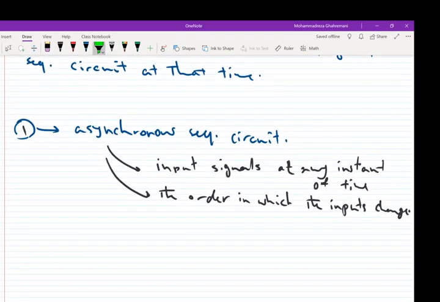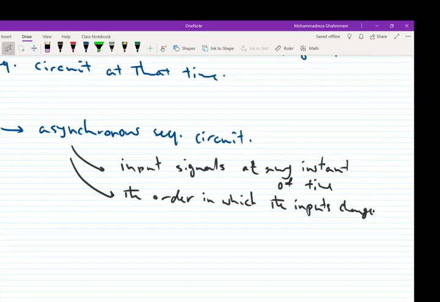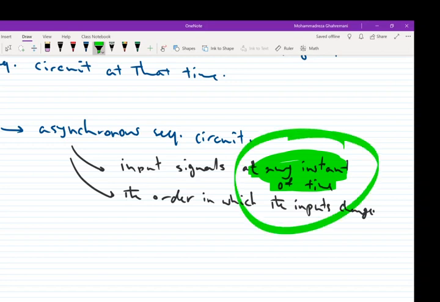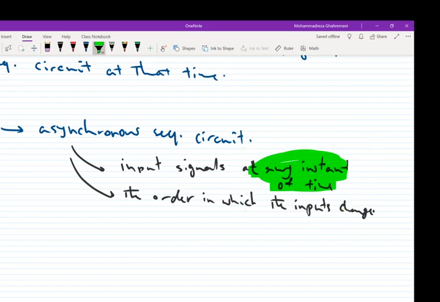The important part of this definition is this part, at any instant of time. So at any instant of time, by changing the input, the output changes, depending on the value of the input and the order of the inputs we received. So we don't need to wait like 1 second, 2 seconds to update the output. At any instant of time which the input changes, the output immediately change based on the value of the input and the order of the inputs that we received.